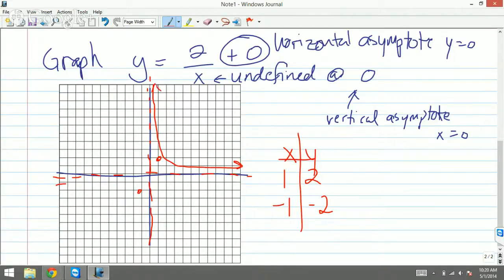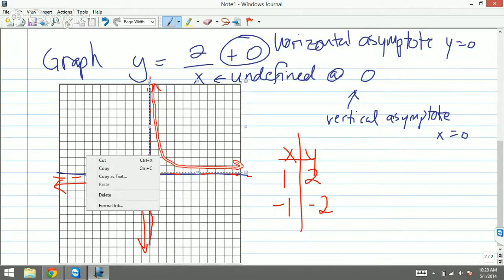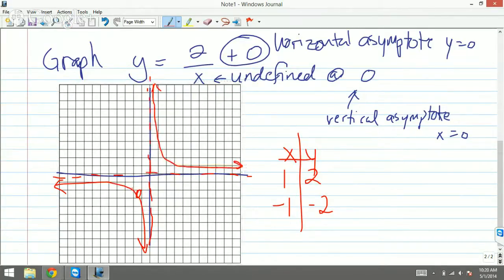You could pretty much always count on them looking like this. I kind of missed my dots, but just make sure that they don't touch the asymptotes.